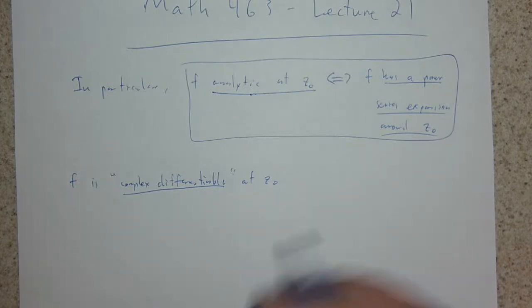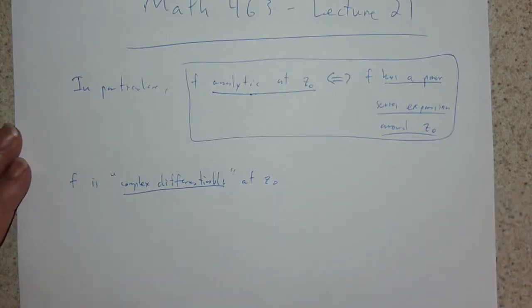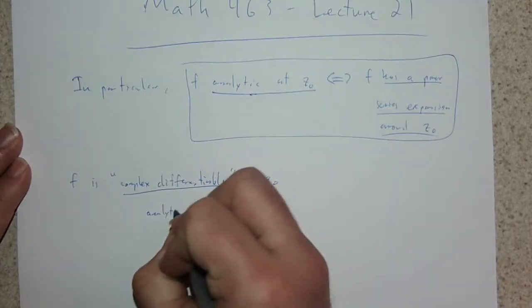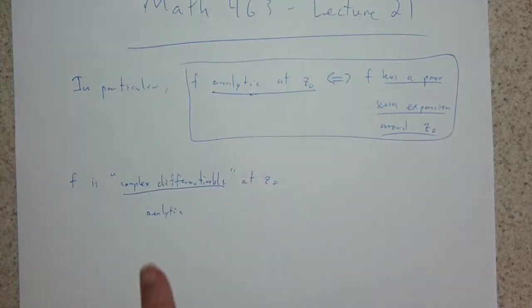Okay, in that case, there were many words we could use to describe this. So in this course, we use the word analytic. Okay, but we didn't need to do this.